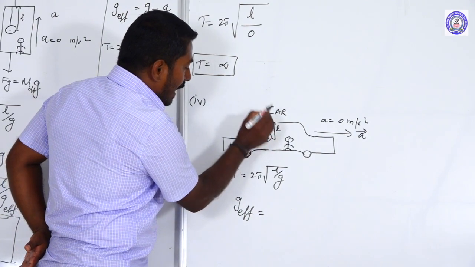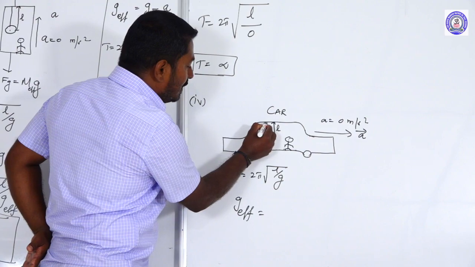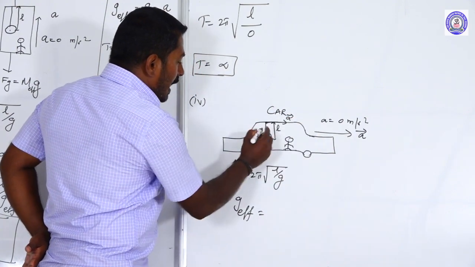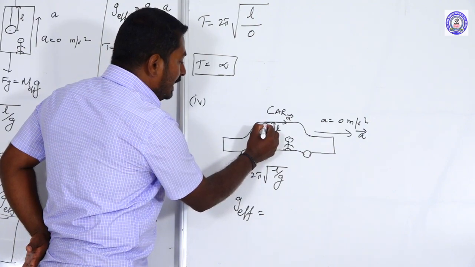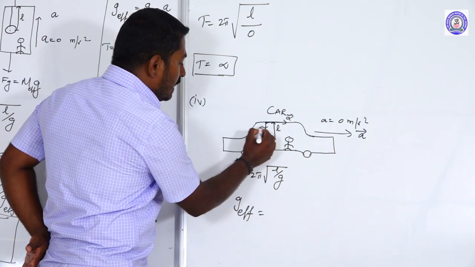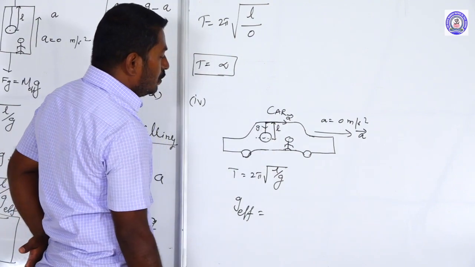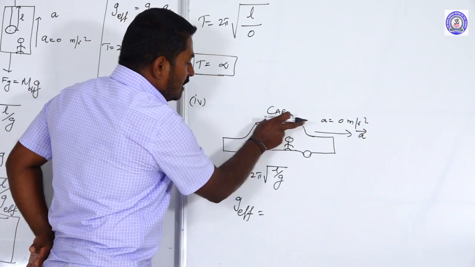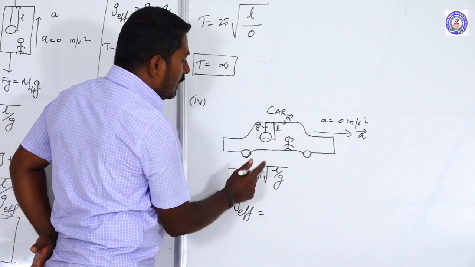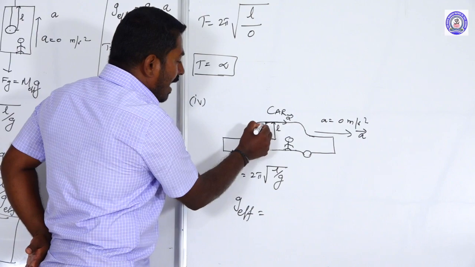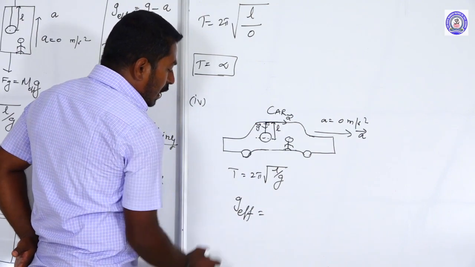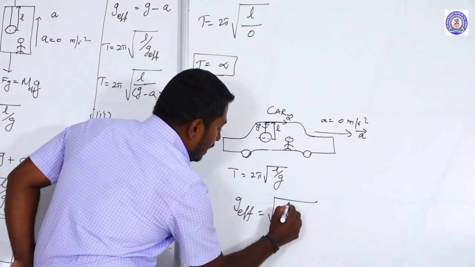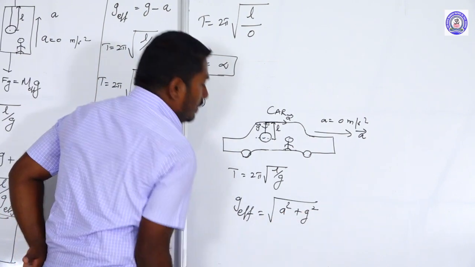That point of suspension has two accelerations. One is the acceleration a of the car towards the positive x-axis, and the other is the acceleration due to gravity in the vertically downward direction. Both vectors act at right angles to each other. The effective acceleration is square root of a square plus g square.